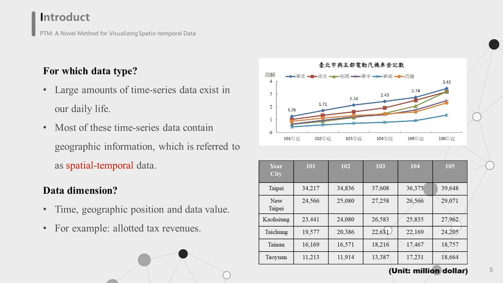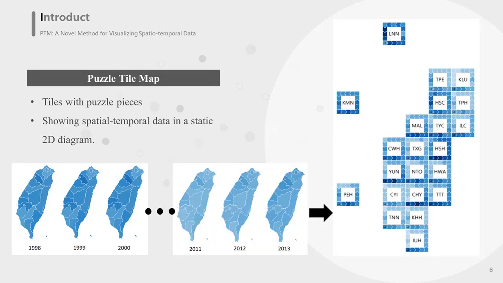This kind of information can be seen everywhere in our lives, and the data need to have three basic dimensions, namely data time, geography location, and data value. And this is our puzzle tile map result. We can see a tile map with puzzle pieces showing spatial-temporal data in a static 2D diagram.